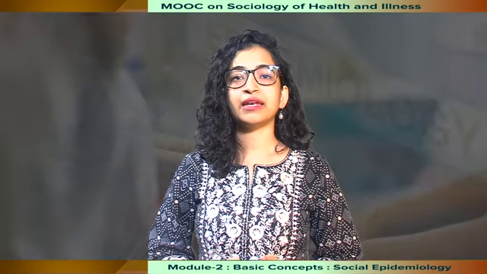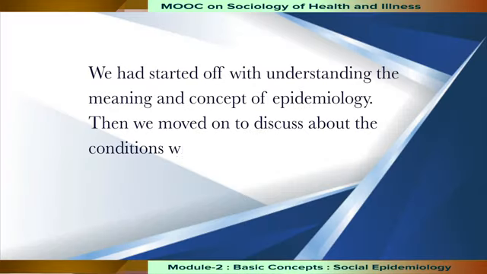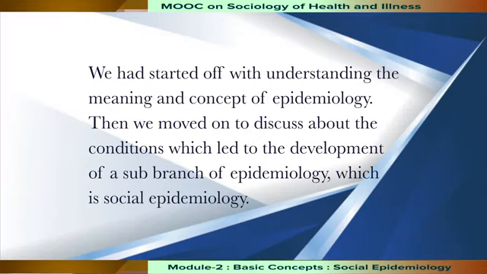So, before ending this unit, let's go over the main points discussed in this video. We had started off with understanding the meaning and concept of epidemiology. Then we moved on to discuss the conditions which led to the development of a sub-branch of epidemiology called social epidemiology.